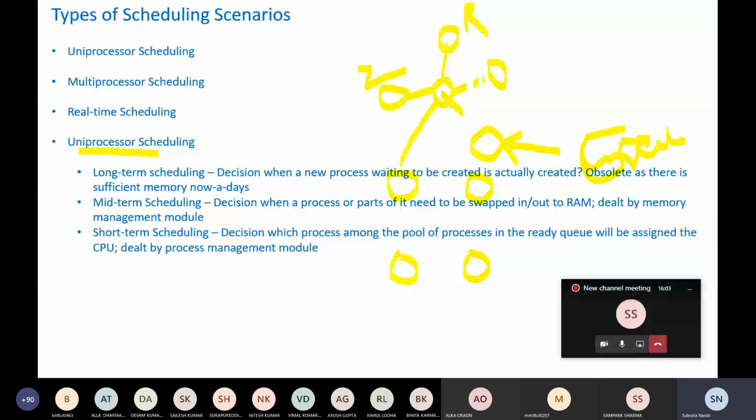This is the kernel running and this is the user running, and these are swapped in and these are swapped out. These two are the swapped out states, swapped out from primary memory to secondary memory. I think many of you can recall it.